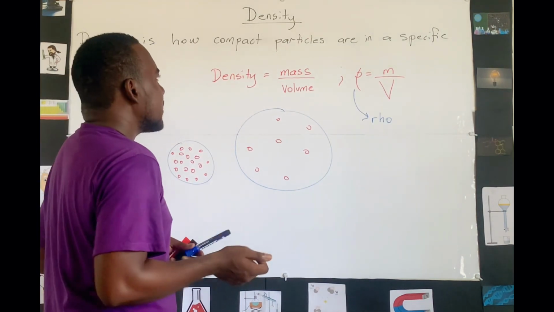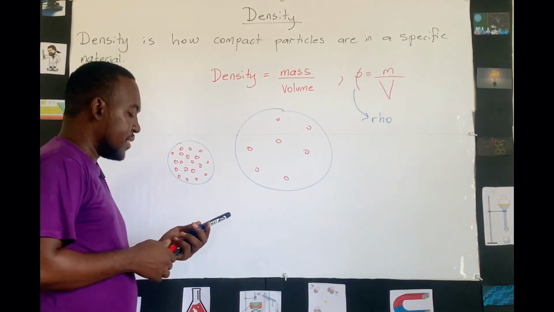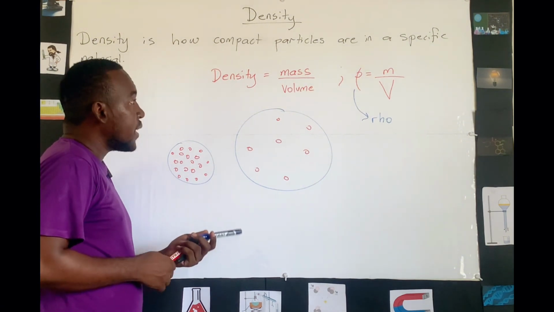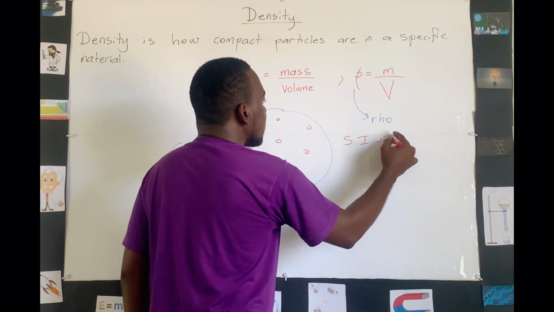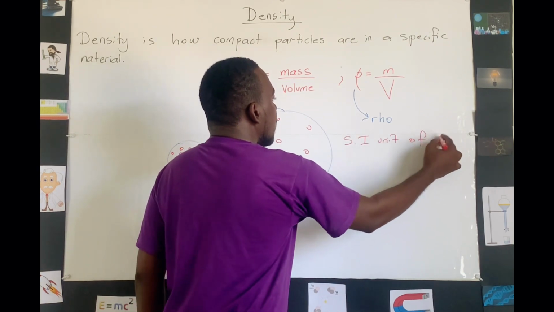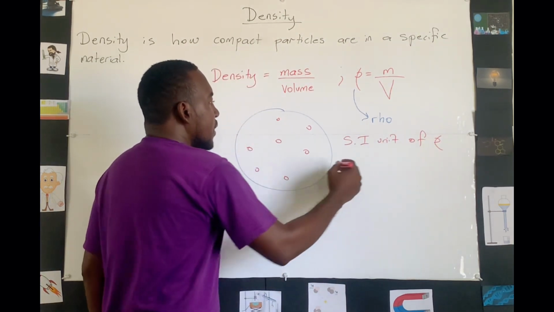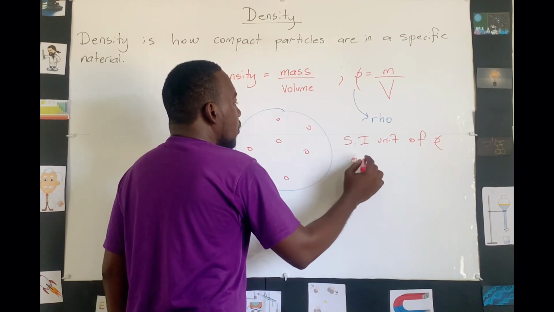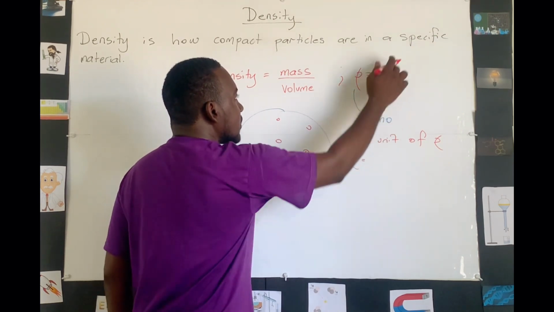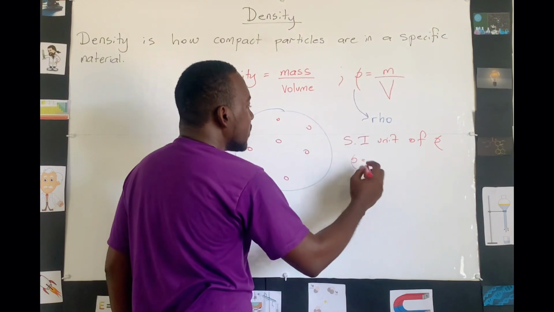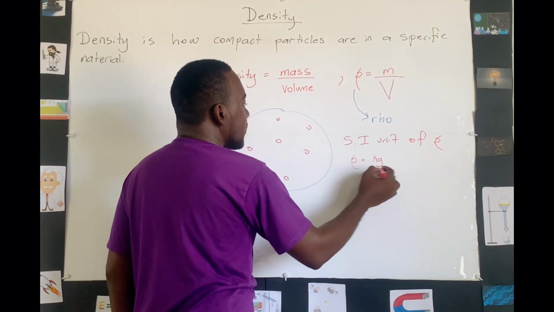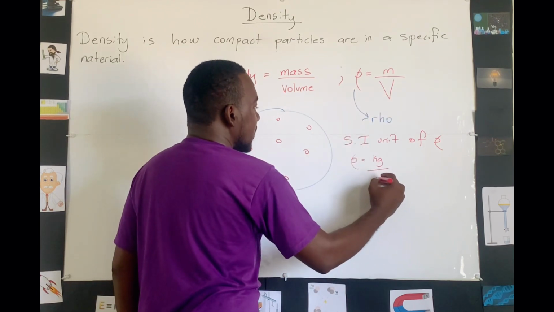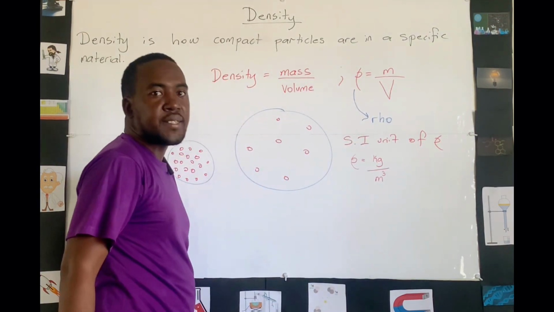Now, the next part is what is the unit that density is measured in. So in density, we have our SI unit of rho, and we can replace our symbols here with their units. So we know mass is measured in kilograms for its SI unit, and volume is measured in meter cube for its SI unit.